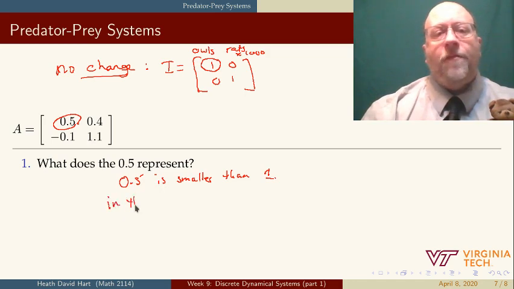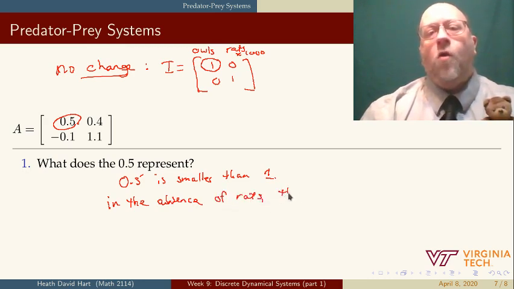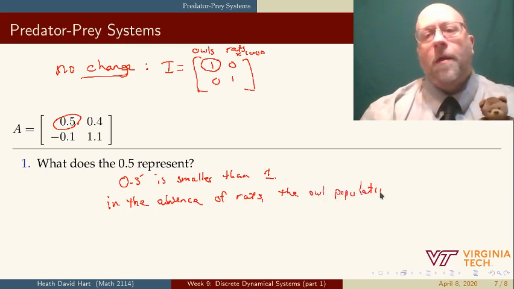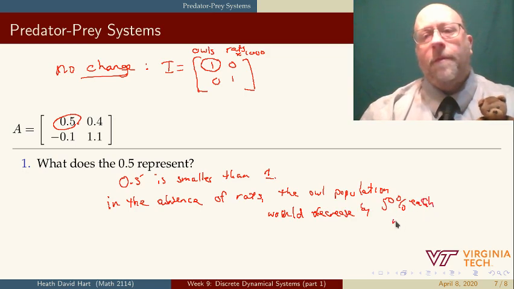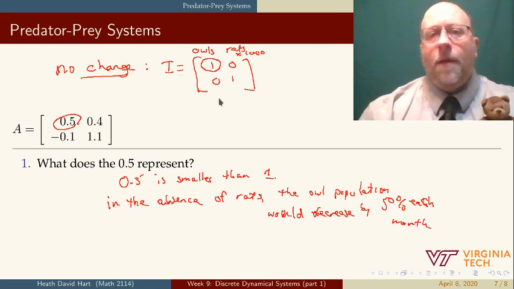So in the absence of rats, the owl population would decrease by 50% each month. It's a decrease because it is smaller than the corresponding value of the identity matrix.